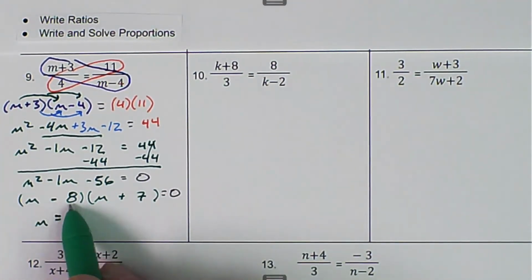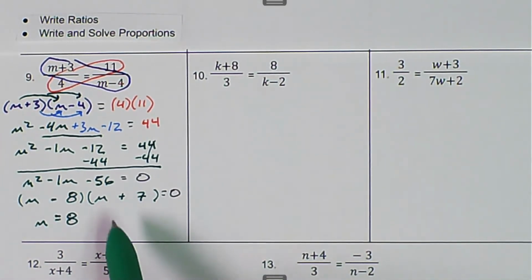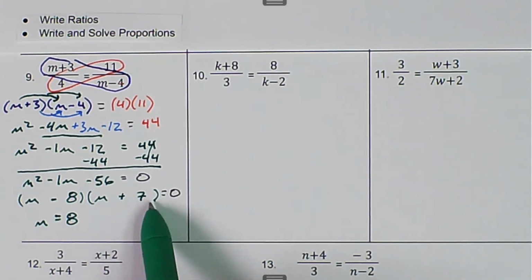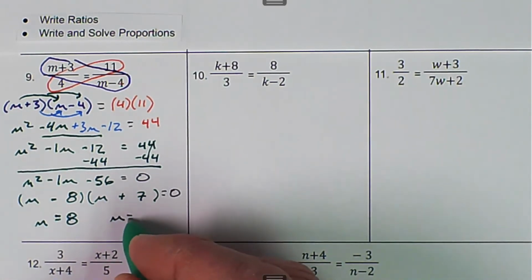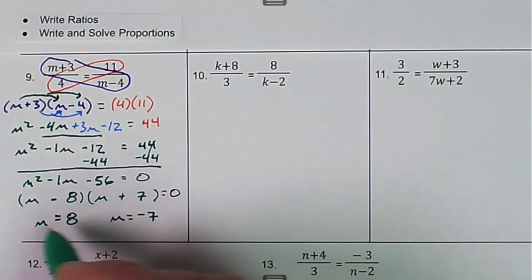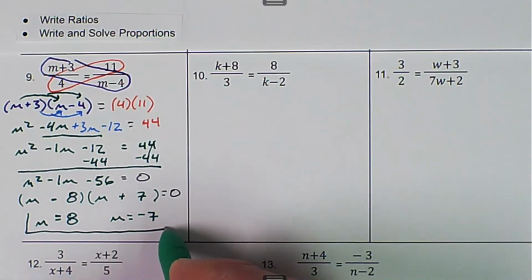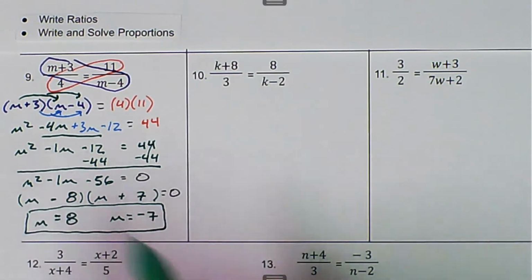Eight minus 8 is 0. So when that's 0, 0 times anything is 0. We'll also do the same thing here. What would m have to be in this situation in order to make this binomial 0? In this case, it's going to be m equals negative 7. So these are the two possible solutions for number 9.